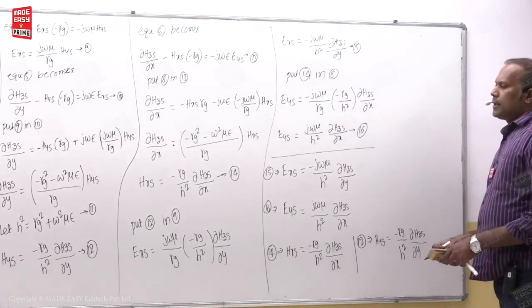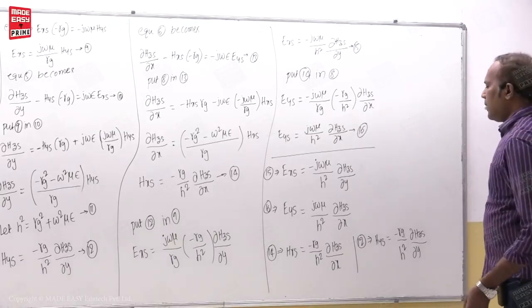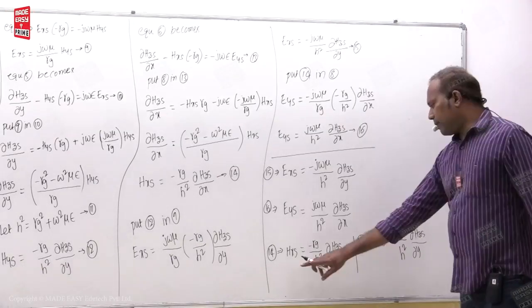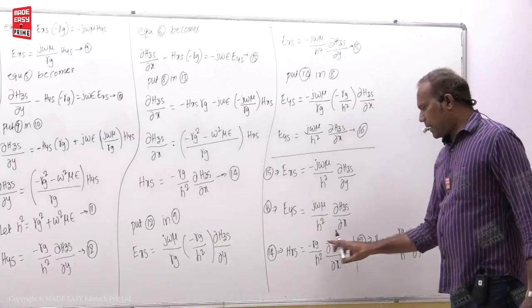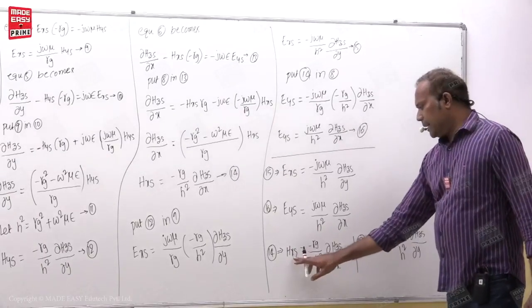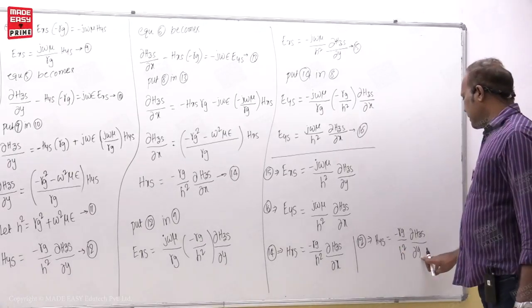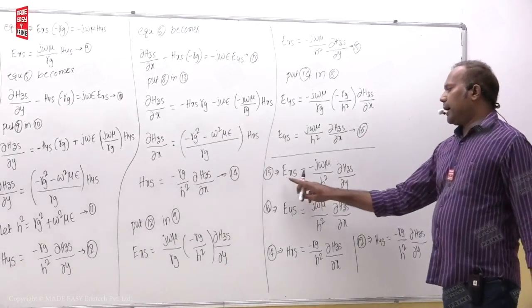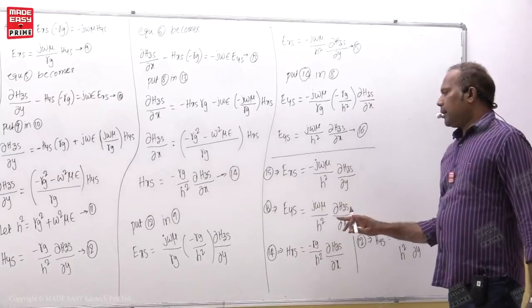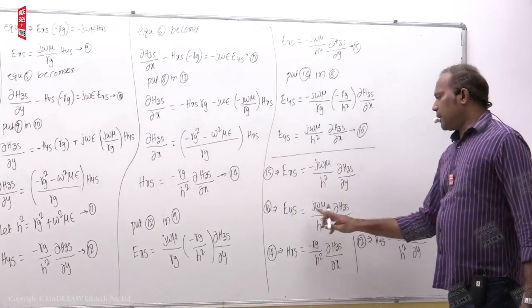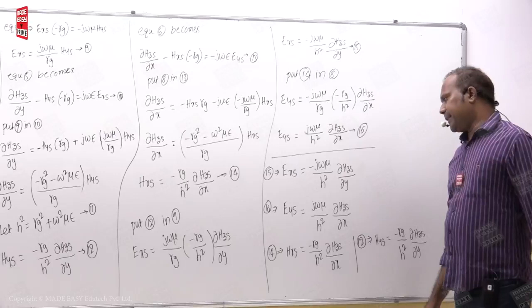So here we can see for magnetic field, if x is there, differentiation with x, if y is there, then differentiation with y. And for electric field, if x is there, then y comes, if y is there, then x comes in the differentiation.